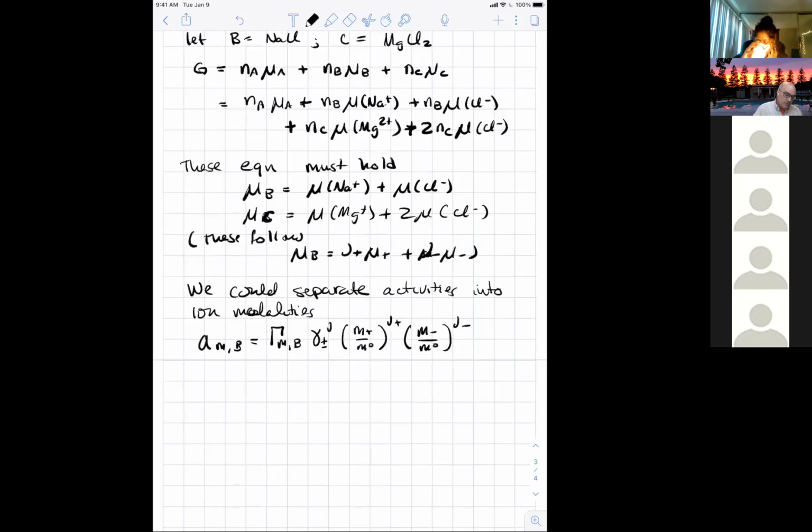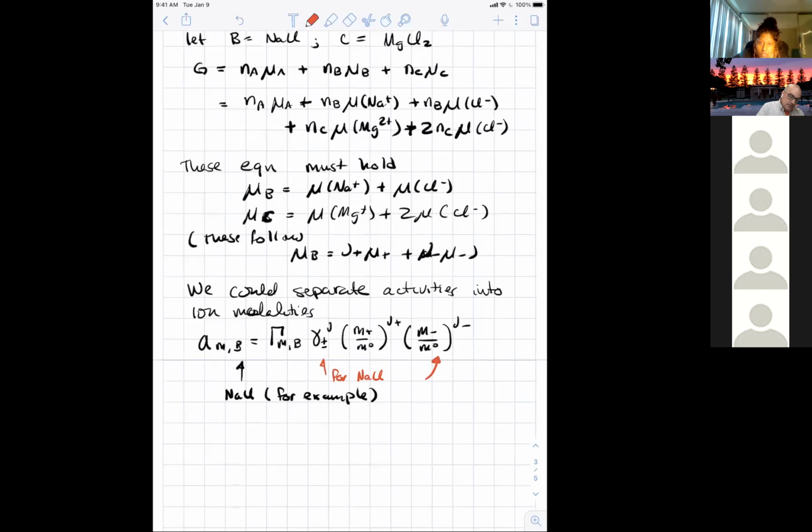So what you have to be careful about, though, here, this, let's say, is for sodium chloride, for example, right? So the label tells us it's for sodium chloride, and this is also for the sodium chloride, right?